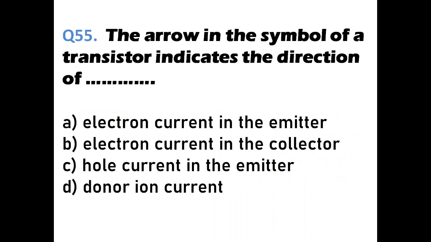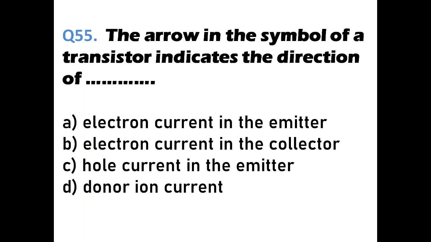The arrow in the symbol of a transistor indicates the direction of dash. The arrow in the NPN or PNP symbol indicates conventional current, which can also be called positive current. In these options we don't see positive current or conventional current, but option C says hole current in the emitter.